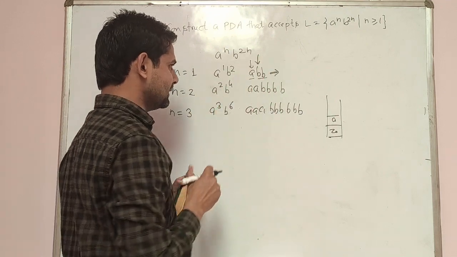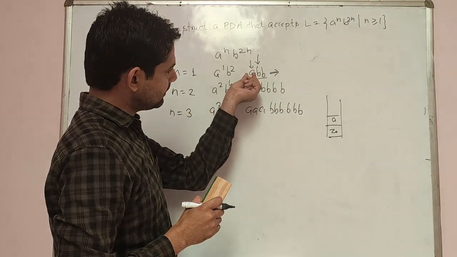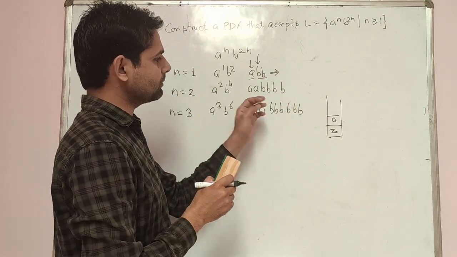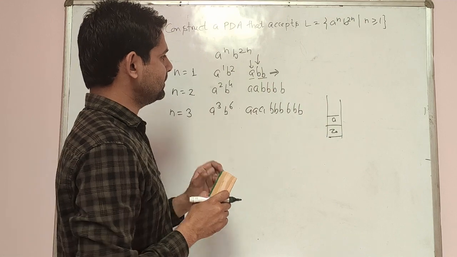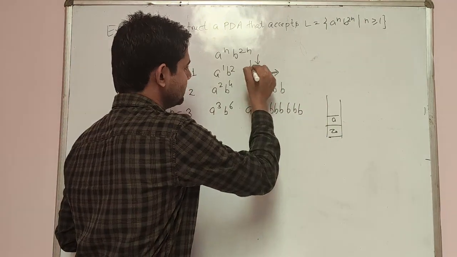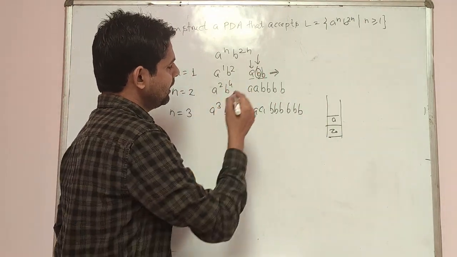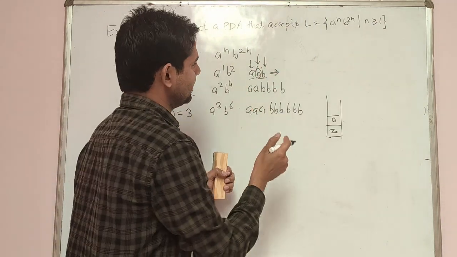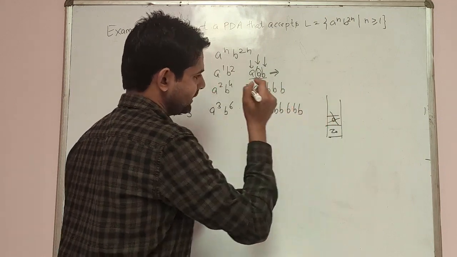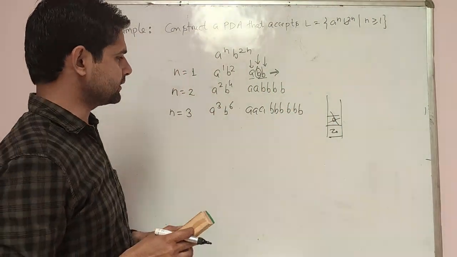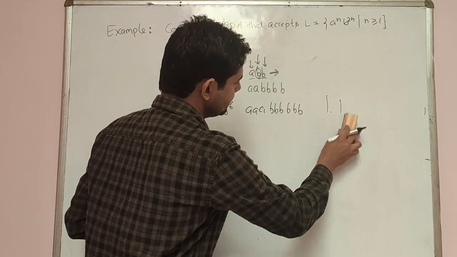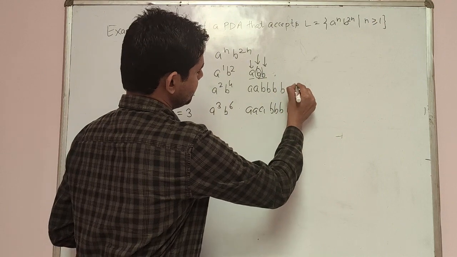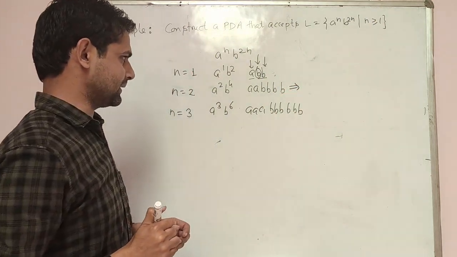Then the next symbol will be B. We will not store that B into the stack, and we will not pop A with that B. Just we will read that B. After that we will move on to the second B. When we move on to the second B, at that time we will pop that A. That is the one logic for this one. Then we will create the clear logic.